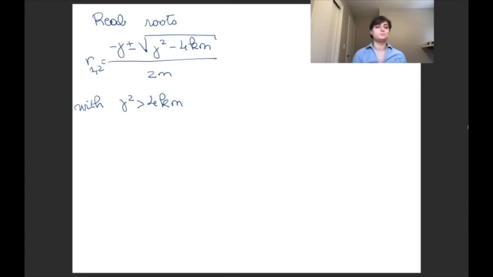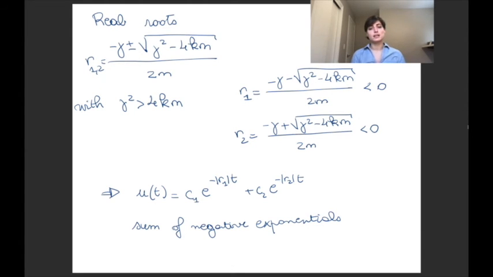Real roots. We are always assuming gamma to be positive, by the way. We have gamma squared bigger than 4km. So we have r1 equal to minus gamma minus something, divided by 2m. That's obviously negative. While r2 is minus gamma plus the square root of gamma squared minus something.